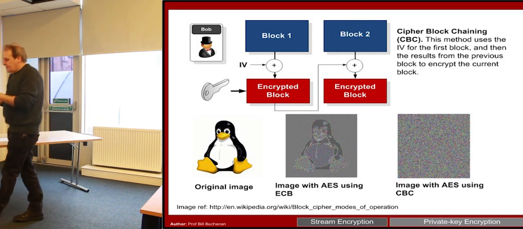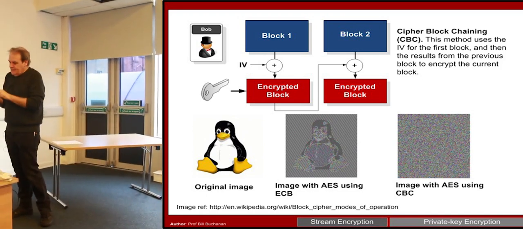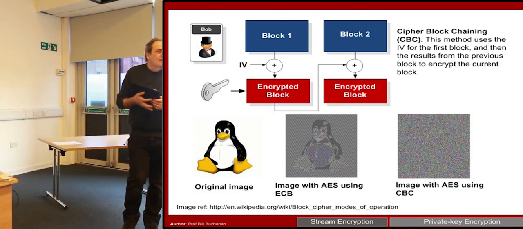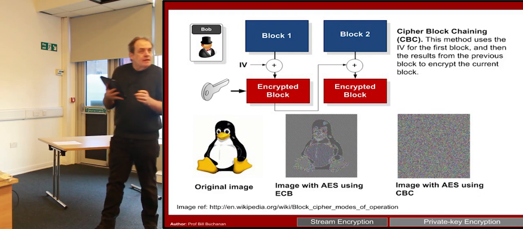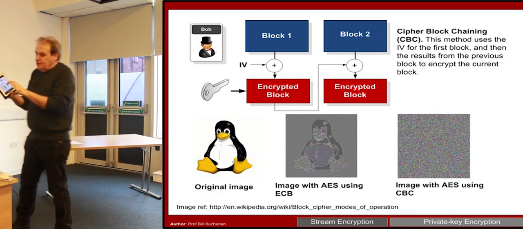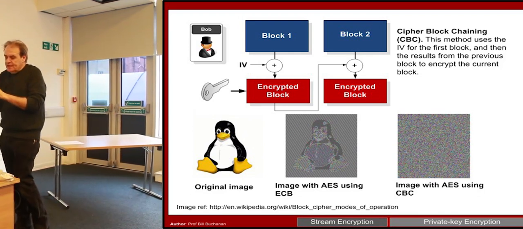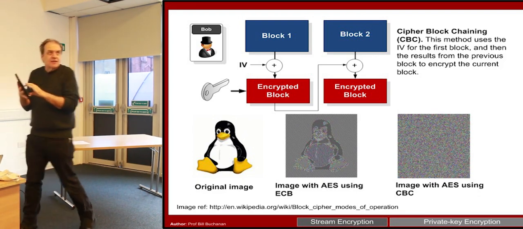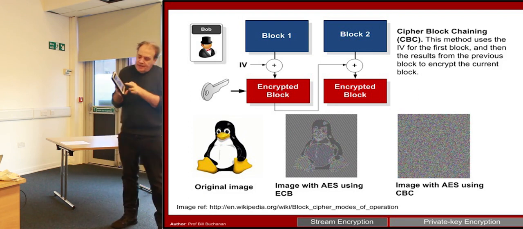So why do you think we can still see the penguin in there, although we're using AES encryption? Because the same colors have the same code. Yeah. We take blocks at a time, so the same blocks that have the same colors will be ciphered in the same way.